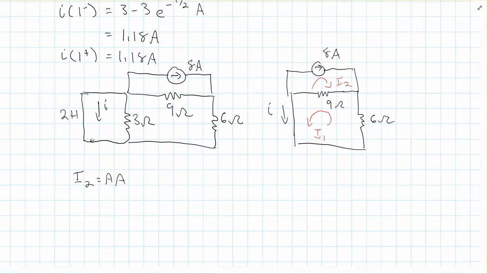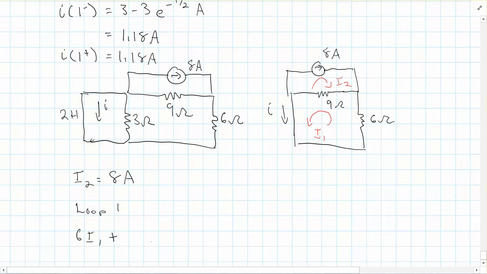And then if I write a loop equation for I1, wow, I wrote 2 amps, and I did not write 8 down. Okay, so 8 amps is I2. So then for loop 1, I'd have 6I1 plus 9I1. Are they going in the same direction or opposite directions?